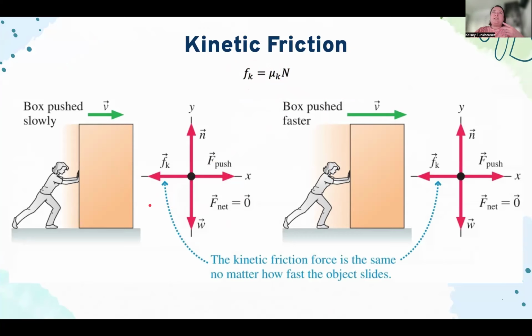It is just the coefficient of friction, so the two materials that are sliding across each other, and the normal force, which can change based on the situation. But beyond that, the kinetic friction is constant. You can think of the kinetic friction force as similar to the maximum static friction force, where there's a fixed value.